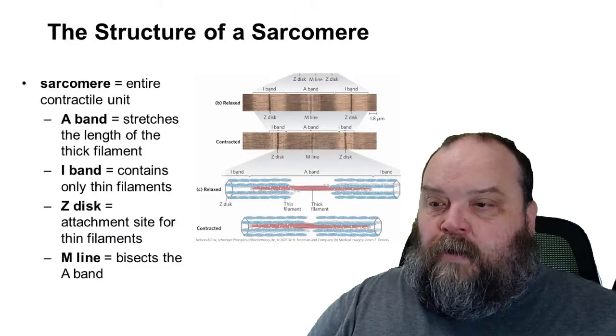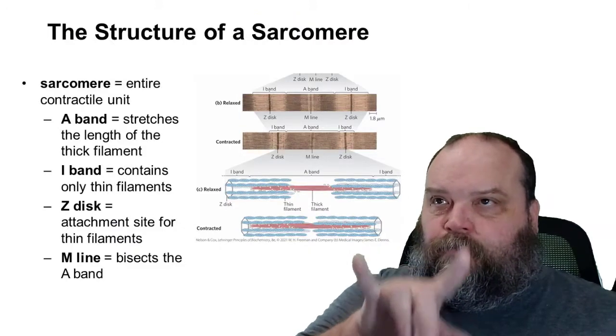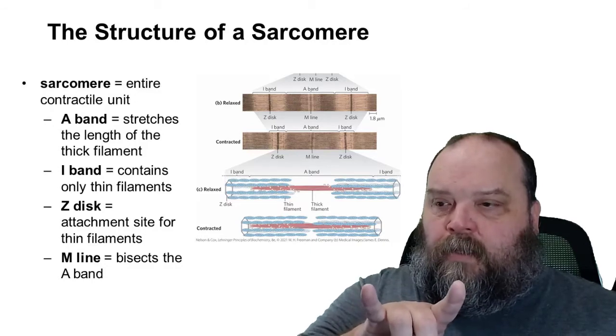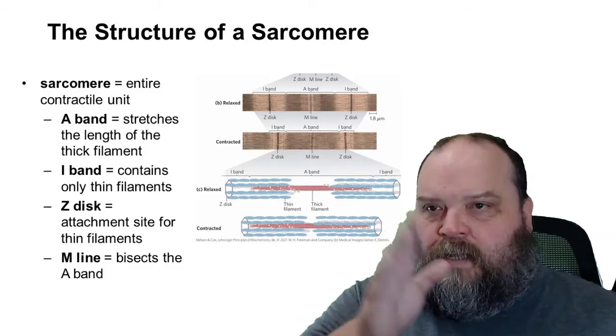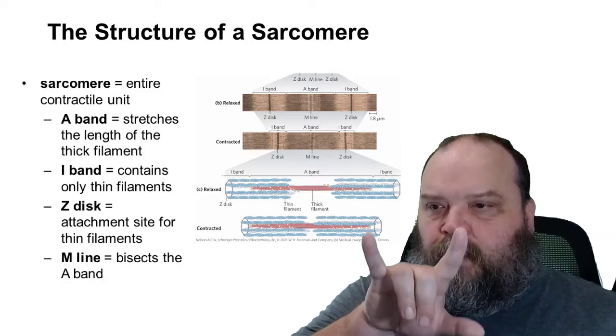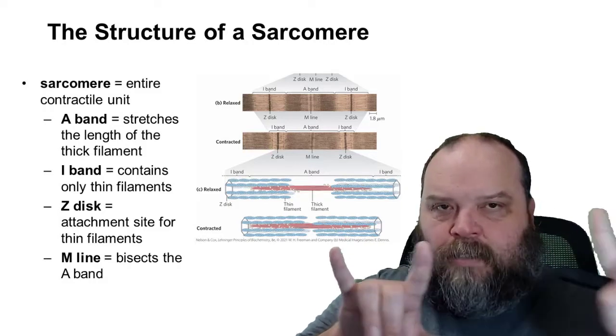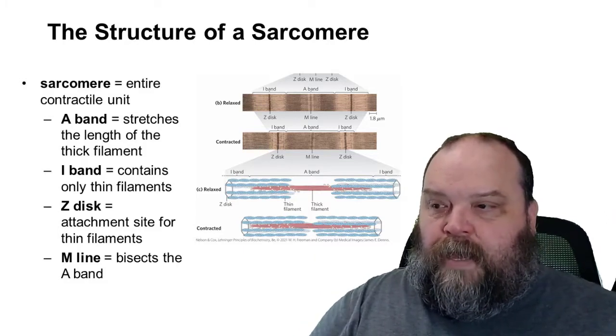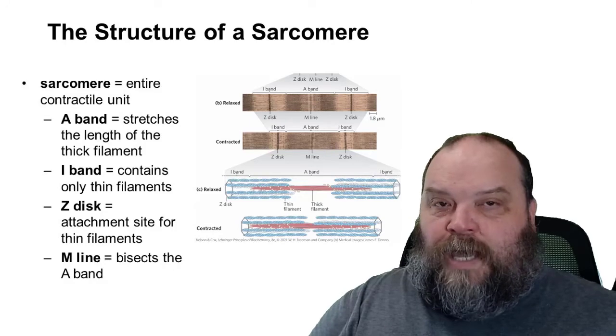The sarcomere can span multiple cells, okay? So we're not thinking cell to cell. We're thinking contractile region to contractile region. It's all going to be based on those I bands.